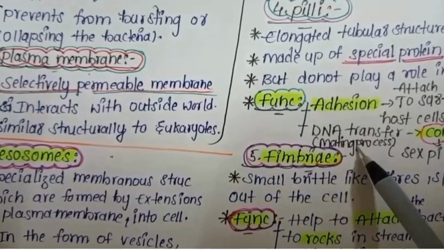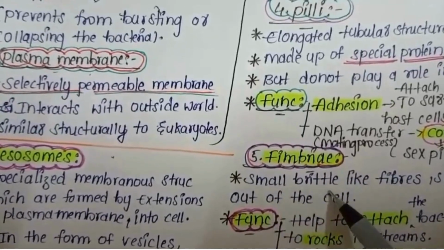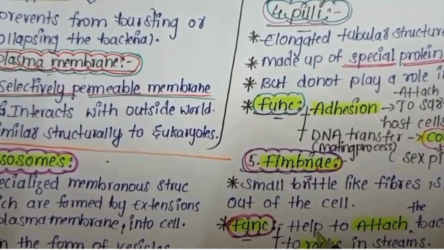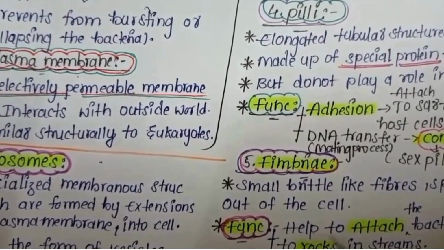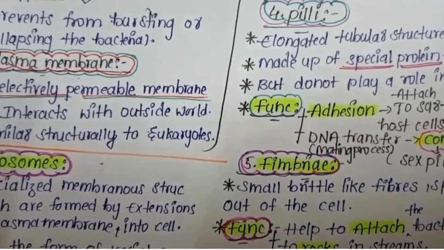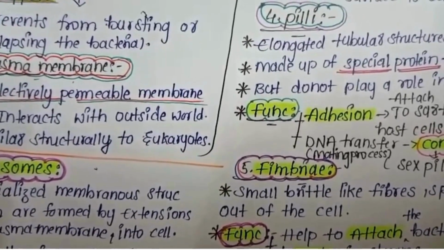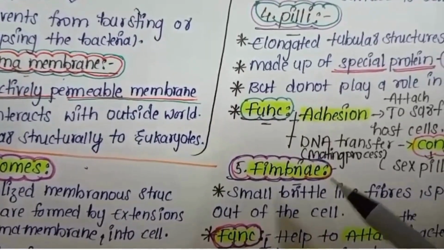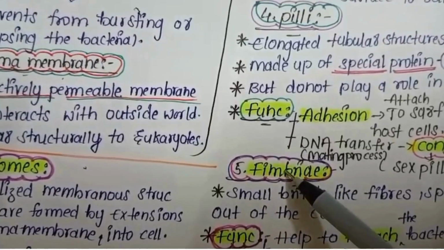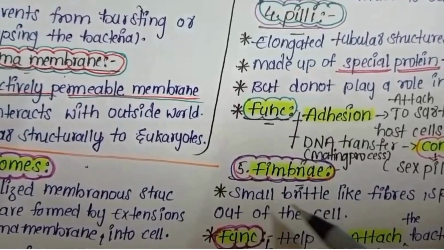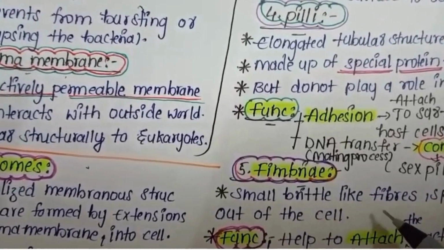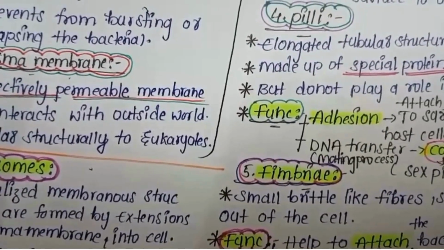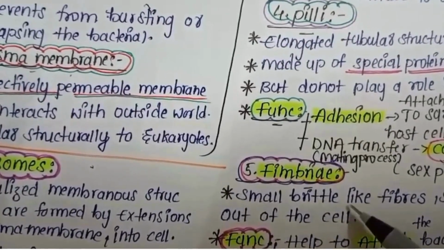Here, fimbriae are small bristle-like fibers which sprout out of the cell. They help the bacteria attach to the host organisms and rocks in the streams. These are small bristle-like fibers which also help the bacteria attach to host tissues.